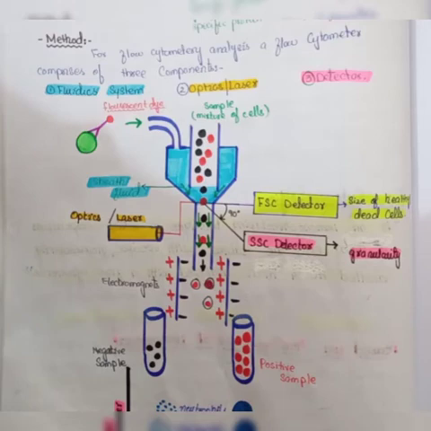This forward or side scattered light is detected by detectors, the forward detectors or the side detectors. The forward detectors will measure the size of the healthy cells or dead cells, while the side detectors will measure the granularity of the cells.